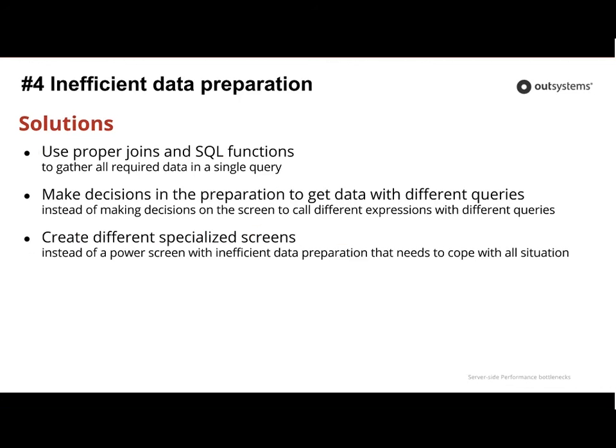Also rely on some SQL functions. As you may know, there are several functions provided out of the box by the database engine that could be used here to optimize the number of requests that you are sending to the database.